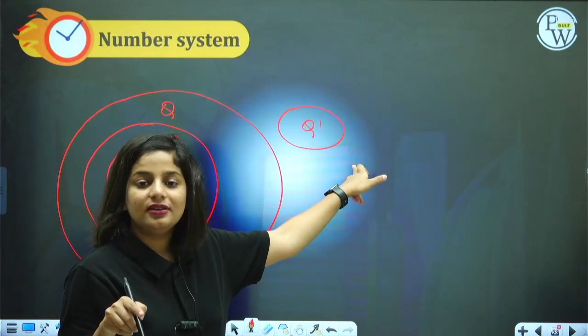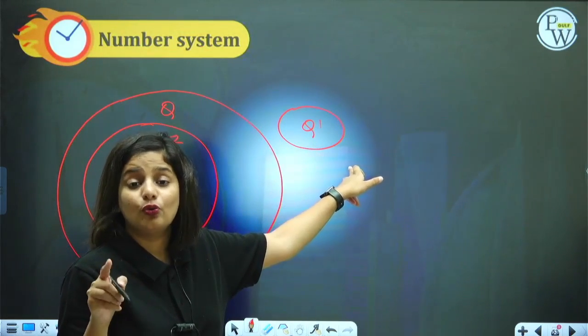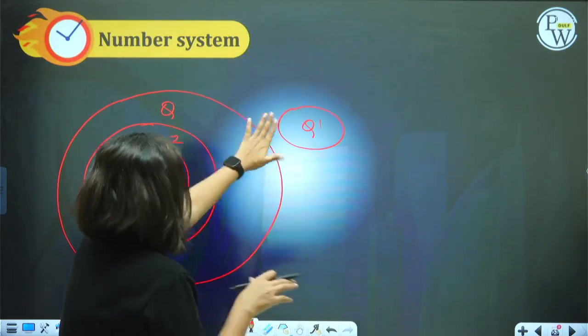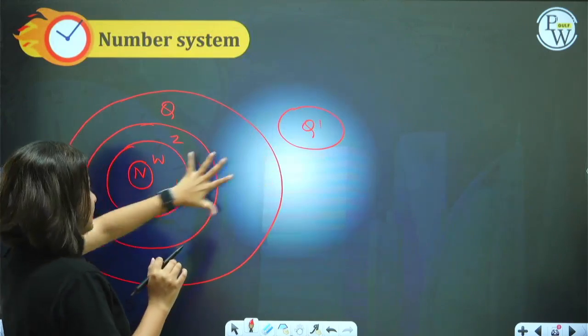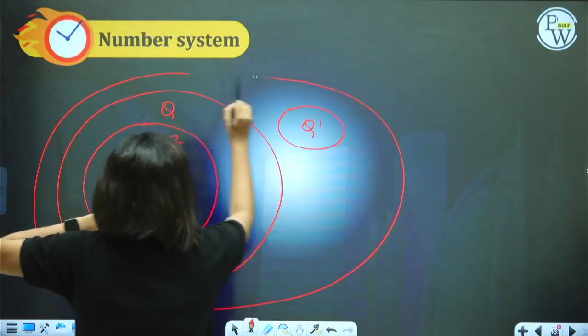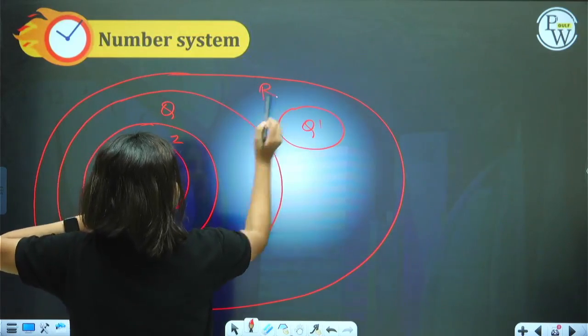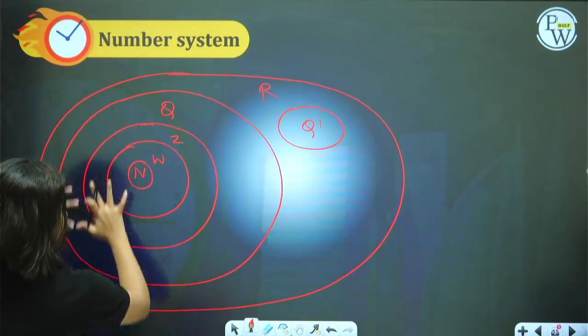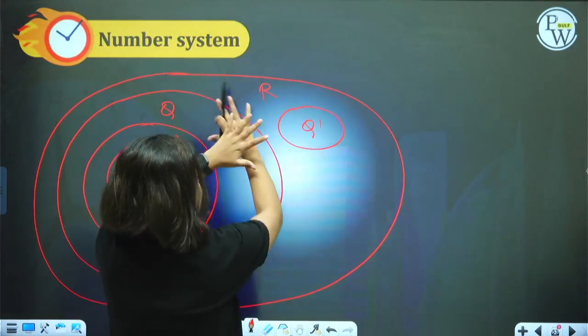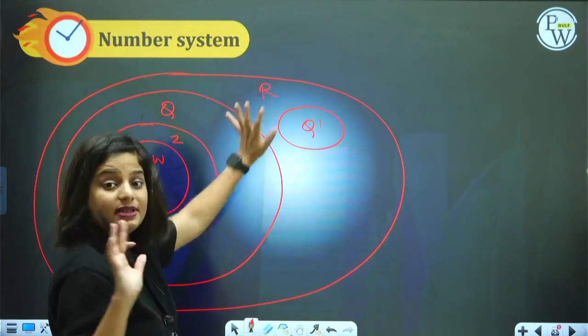Irrational, your pi, root 2, e, all these are irrational numbers. So irrational is a completely different set, and all of them combined will form a real number set. So the real number set has a big set of rational numbers and another set of irrational numbers. All of them combined are real numbers, capital R.